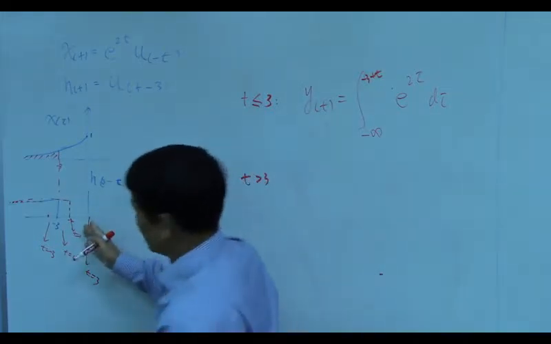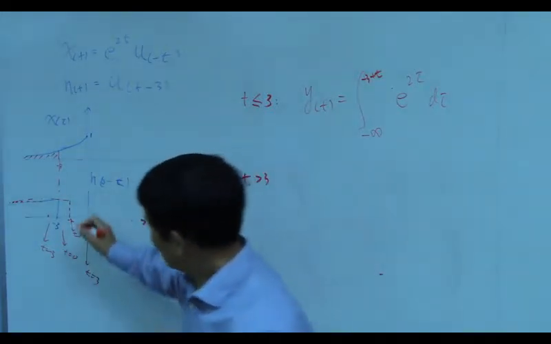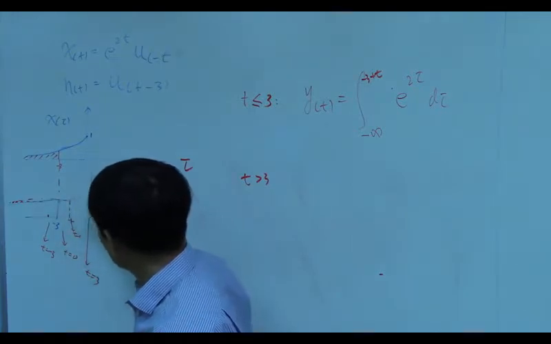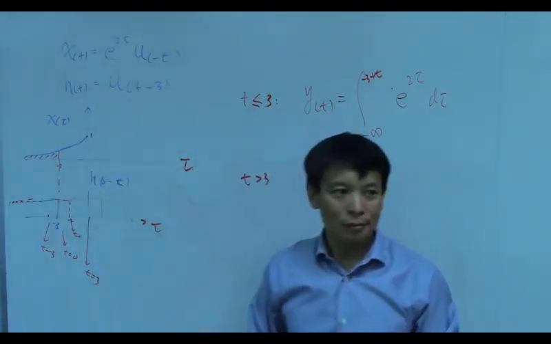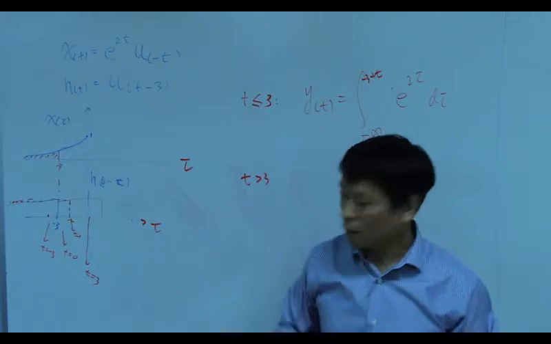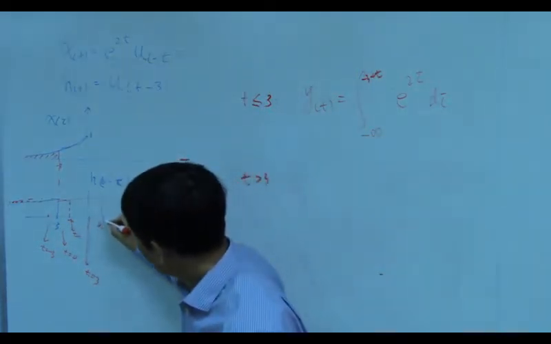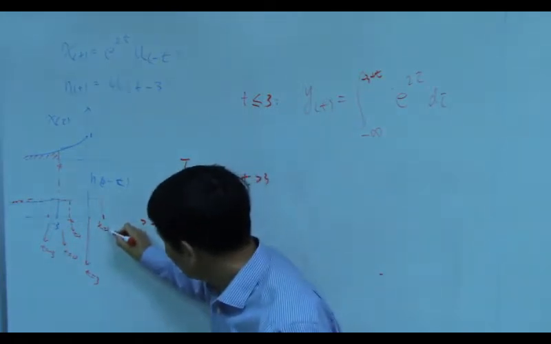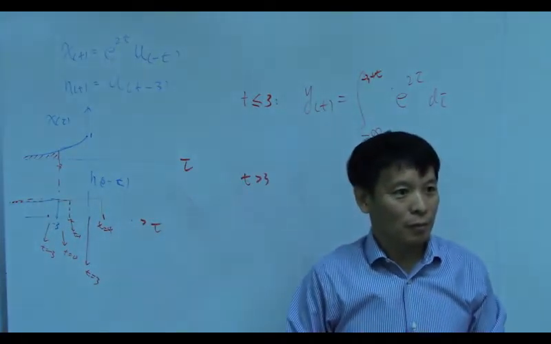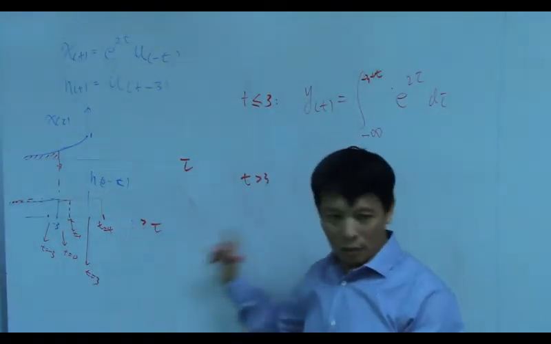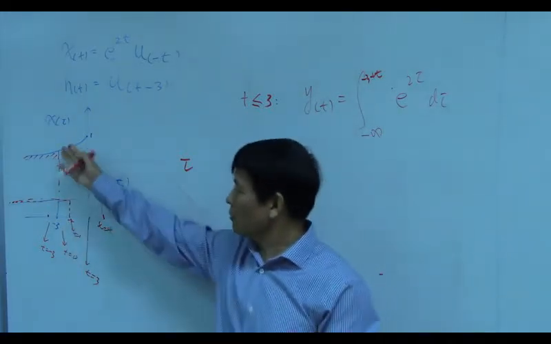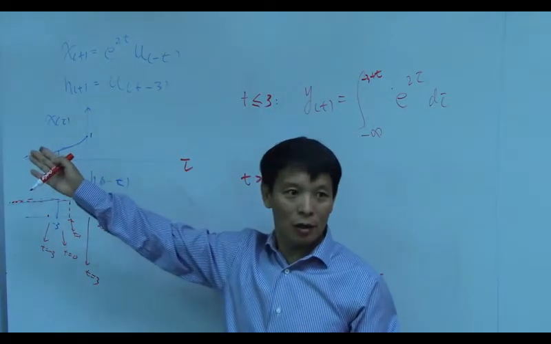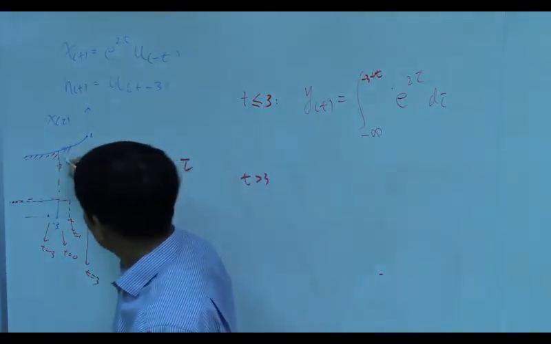T greater than 3, for example, t equals 4. That means this one will be at this point. And this one here equals 1 corresponding to tau, but this gives us t equals 4. T equals 5, 6, or this. Multiply this with this one, what do we have? We only have this part.